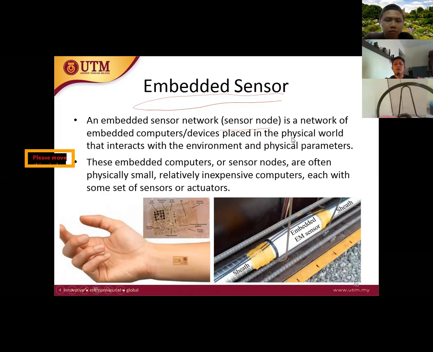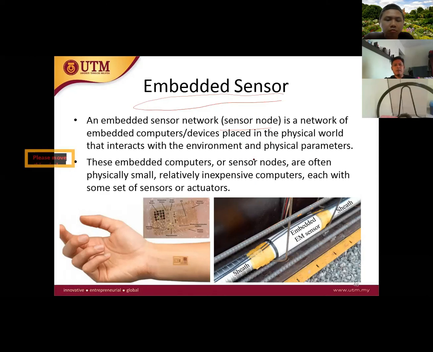For example, sensor nodes can be seen in agriculture, where they monitor soil condition, temperature, water level, pH, and the weather.